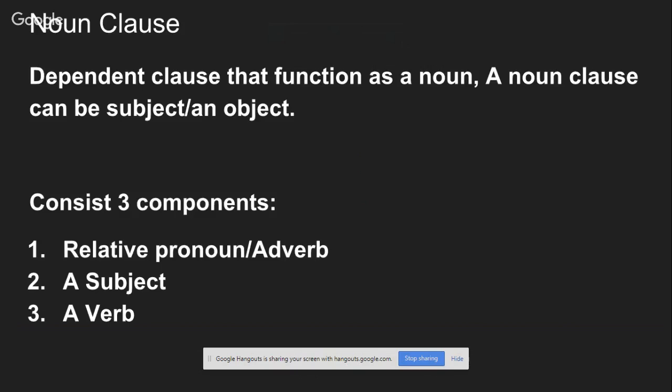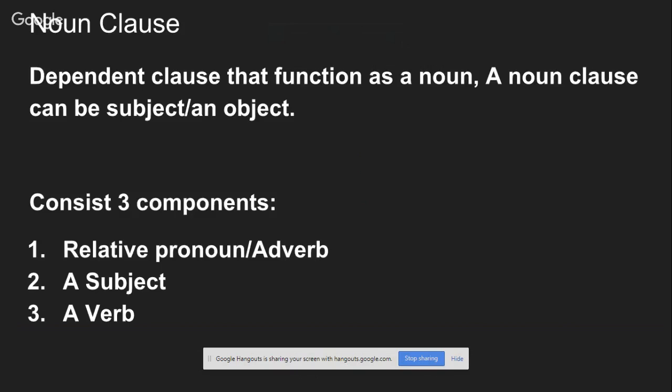A noun clause consists of a relative pronoun or adverb, and it has a subject and a verb, just like a normal sentence. But the difference is that a noun clause can be a subject or an object of a big sentence. So a noun clause is just like a short sentence that can be a subject or an object of a big sentence.